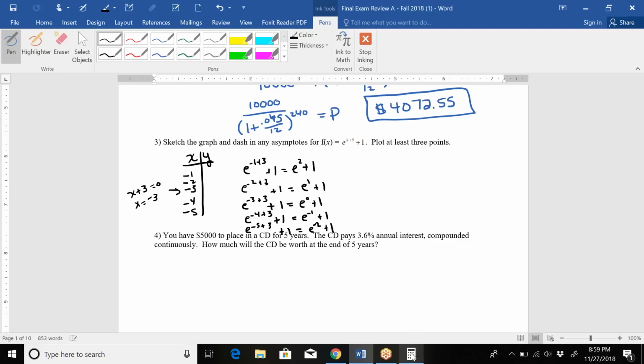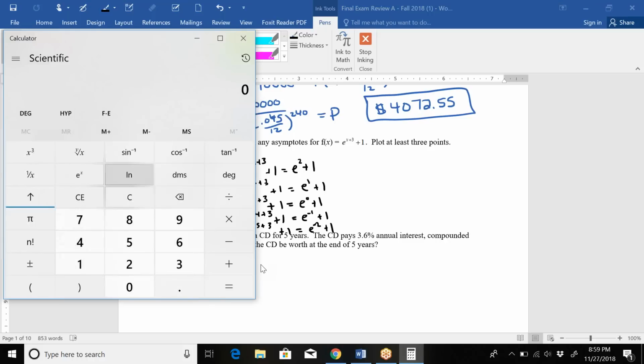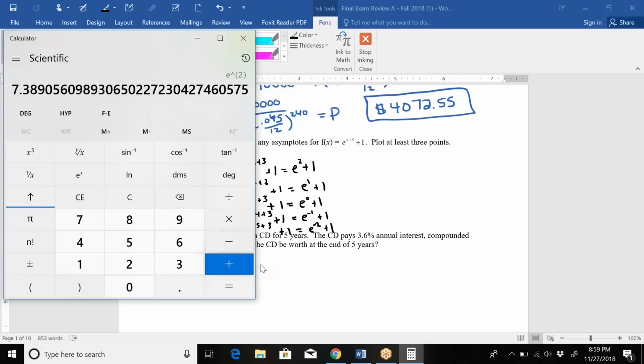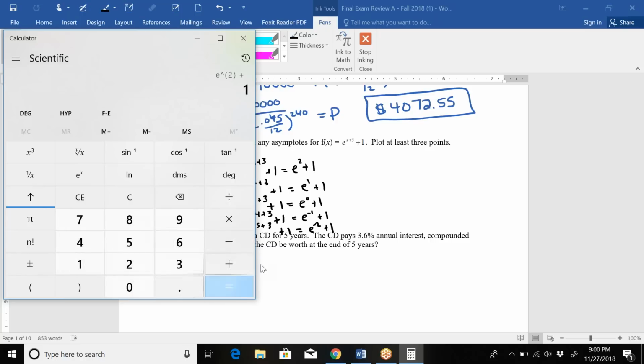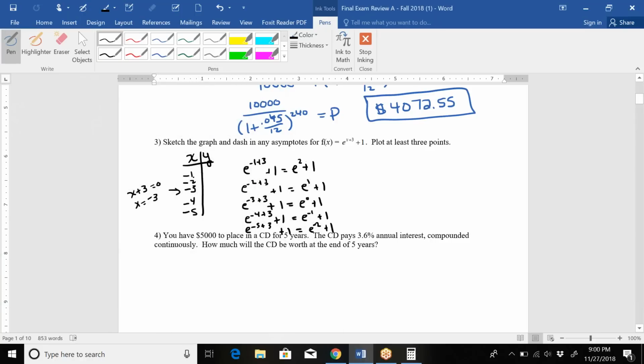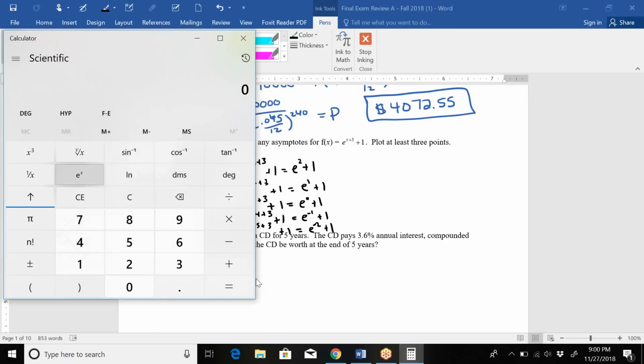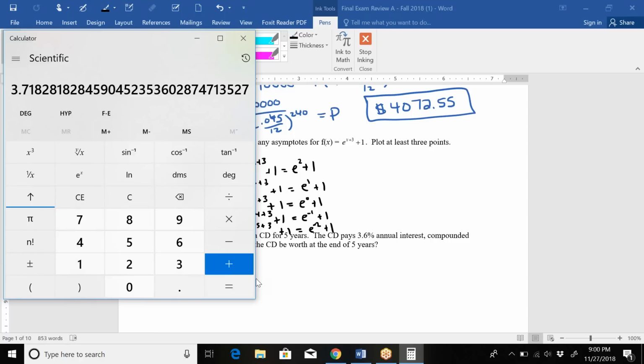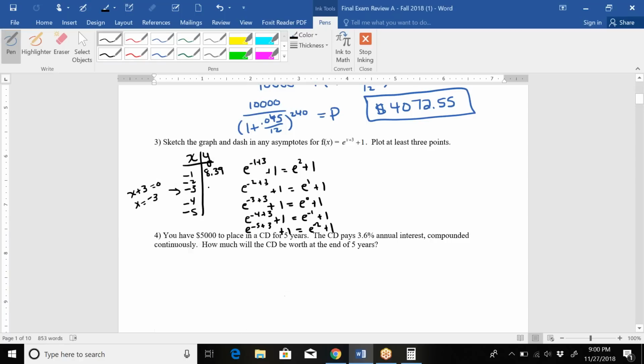So we want to type in those individual things. So e squared, and I have to do mine kind of backwards, is 7.39 essentially plus the 1. So that's 8.39. e to the first is just e, and then we want to add 1 to that, so that is 3.72.